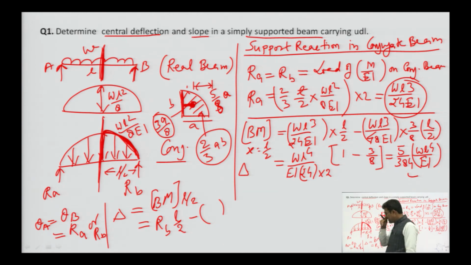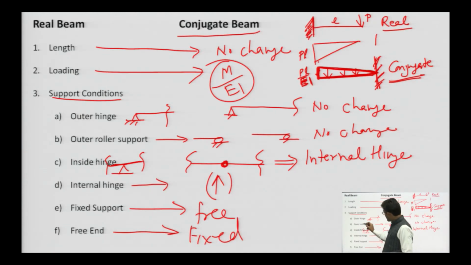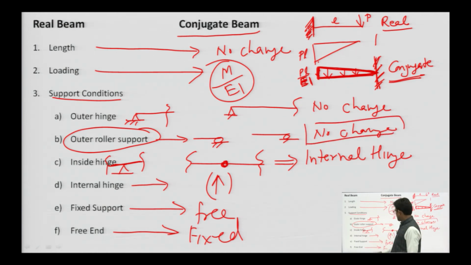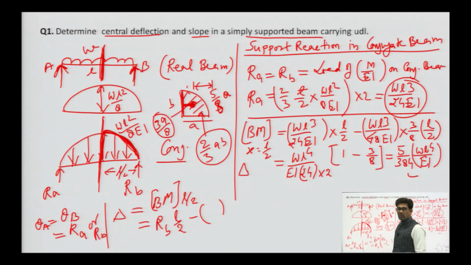In that question, the support condition at A and B was an outer hinge, an outer roller type support, so there is no change here. But if internal hinge, fixed or free end is there, then there will be a change in the support condition.